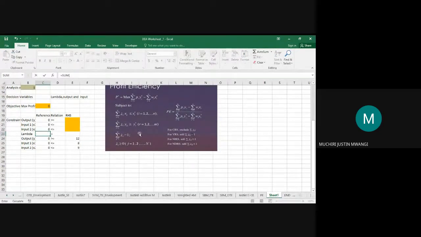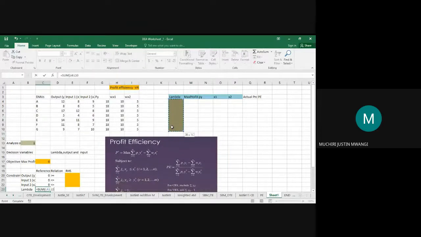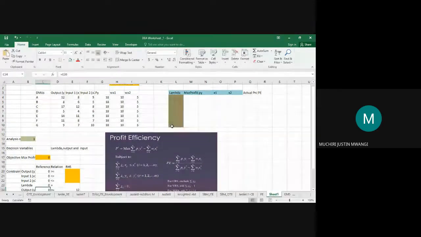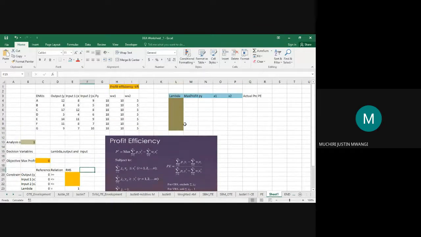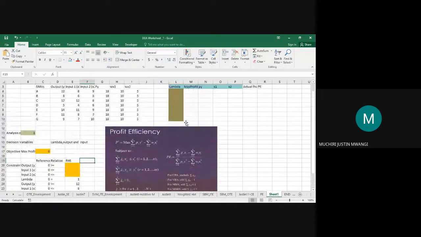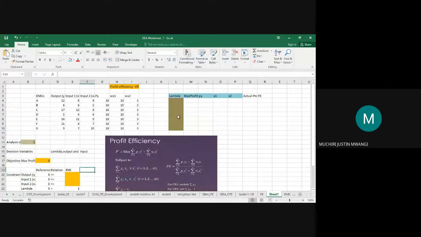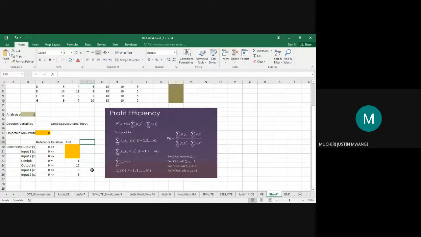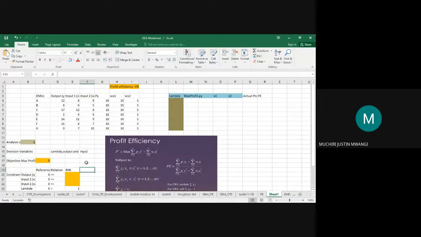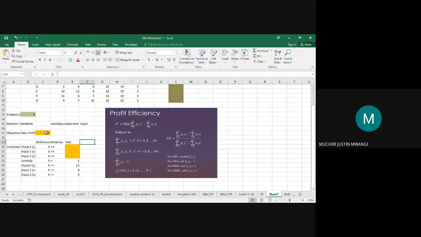With that, we've set up our sheets, and we are now ready to employ the use of the solver to get the maximum profit and the other optimal inputs and outputs.